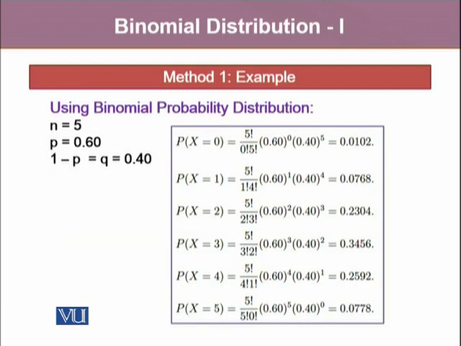So using the binomial probability distribution, we can construct a whole binomial table, or a table of the probabilities, keeping in mind that n equals 5, p equals 0.6 and q, which is the probability of failure, is 0.4. All the possibilities that could arise as the outcome of this random experiment are either no success, denoted by x equals 0, or 1 success, denoted by x equals 1.